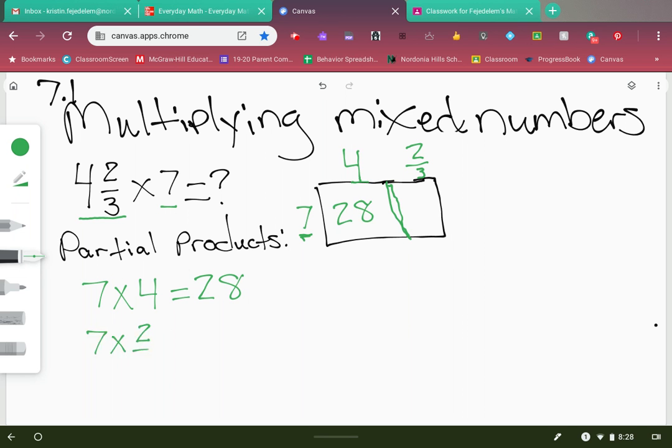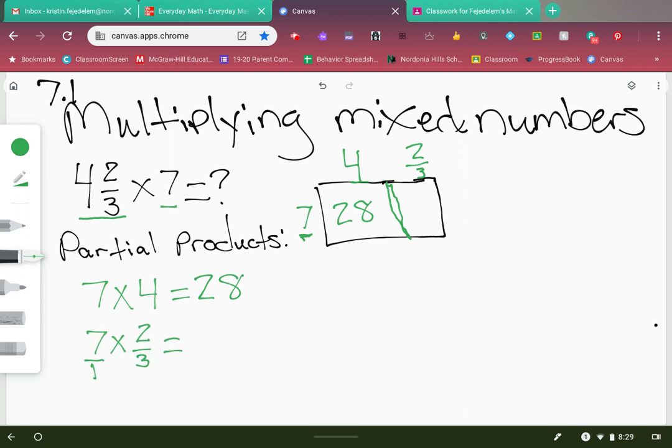Uh-oh. This goes back to Unit 5 when we learned how to multiply whole numbers with fractions. Oh no. What do we need to put under the 7? Right, a 1. And then we can just multiply across.